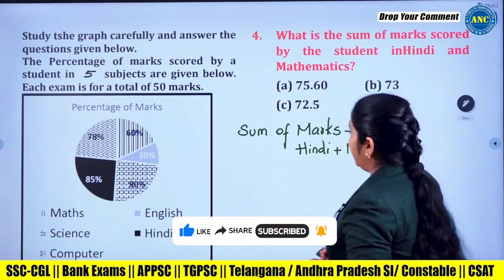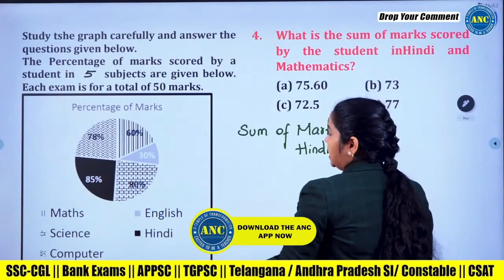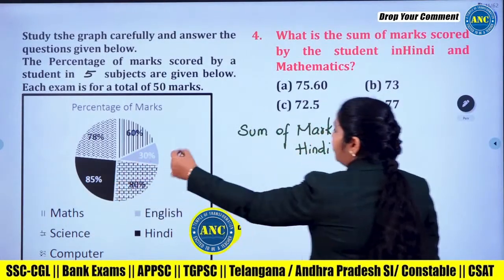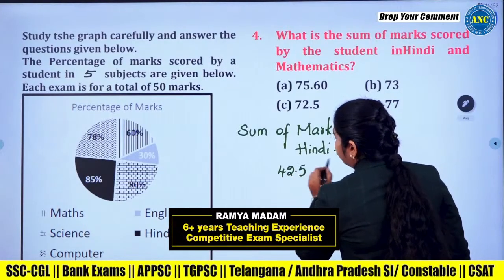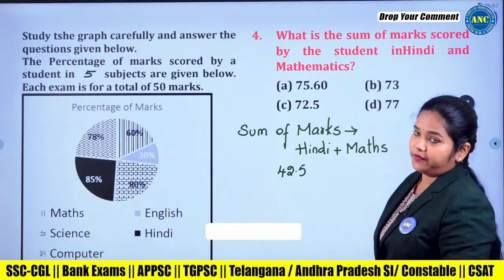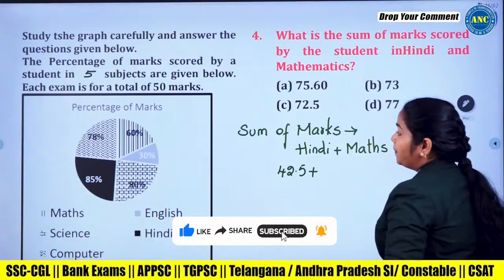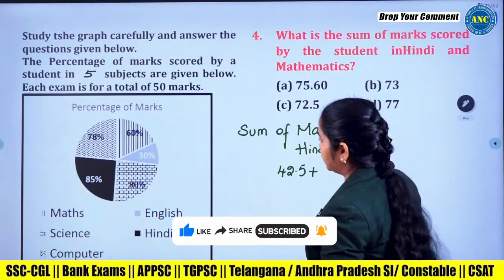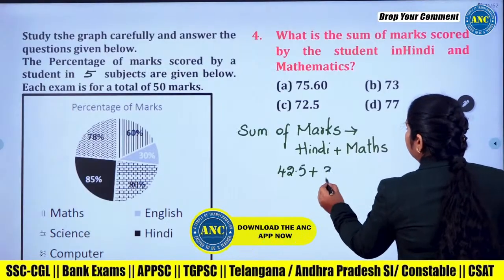Simple. Take Hindi value, maths value, that's all. Where is Hindi? 85%. Half of 85 is 42.5. That is the marks in Hindi. Plus maths. Where is maths? 60. Half of 60 is 30.